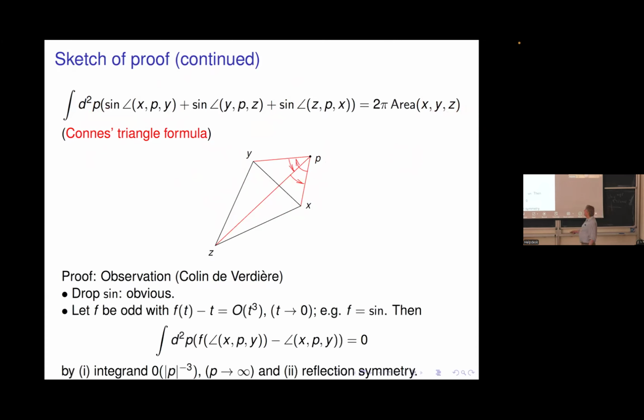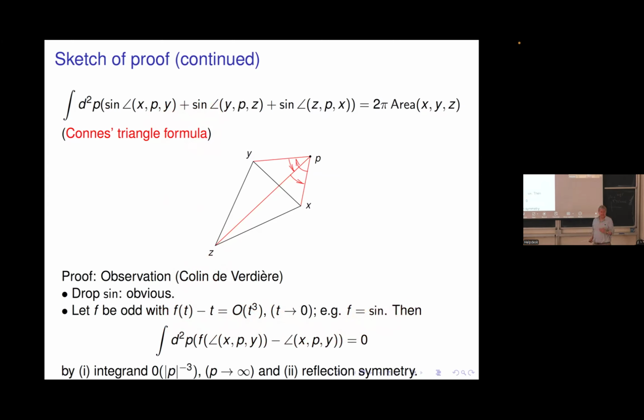Now let f be an odd function that behaves like the angle itself. That is, the function t and the identity function differ just to higher order, like the cube. For instance, a candidate for such an f would be the sine.